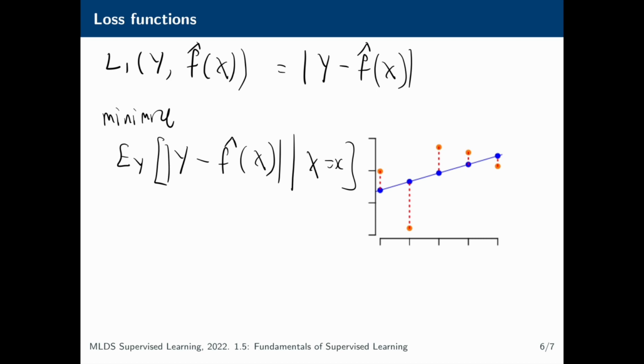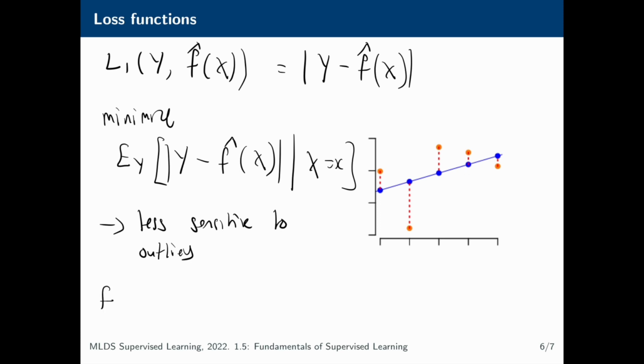This gives us our minimizer as a function of little x. This loss function is less sensitive to outliers, less sensitive to unusual observations, which is very useful in many applications.